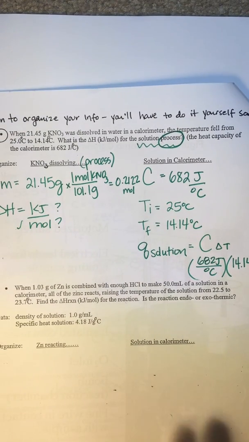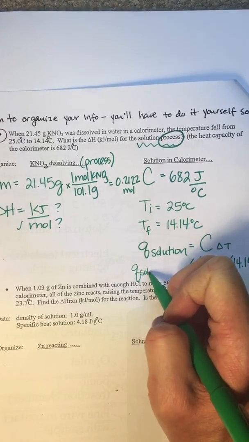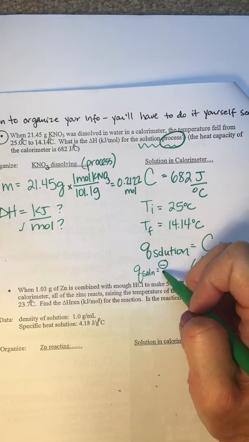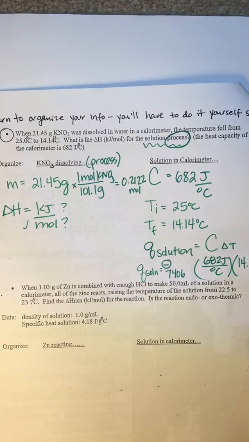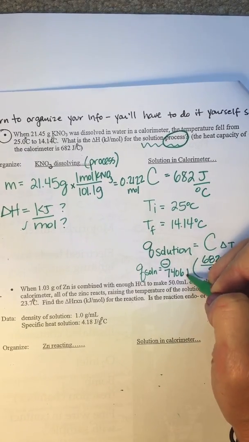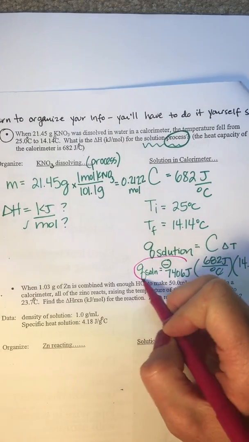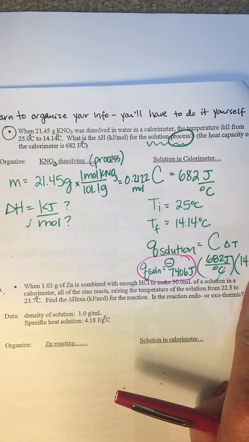So if we multiply this out, our Q of our solution is equal to negative 7,406, and our units are joules. This is our Q of our solution when we multiplied this out.